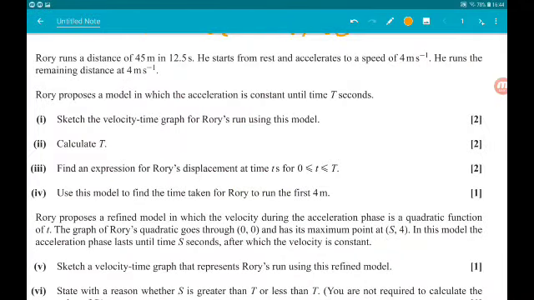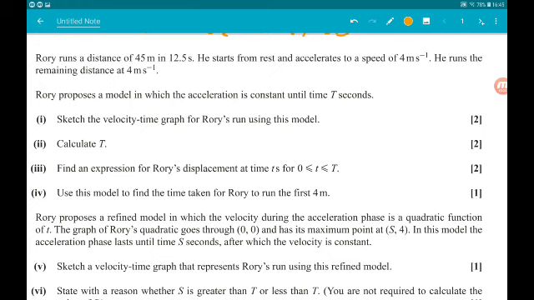Okay, question 10, big one, broken up into lots of small parts. So Rory runs a distance of 45 meters in 12.5 seconds. He starts from rest and accelerates to a speed of 4 meters per second.